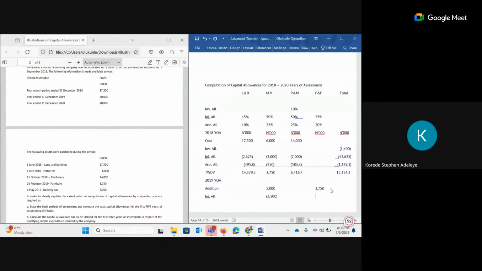Yes. Right. So what's 25% of 3,750? 937.5. So add that up. What do you have? 3,437.5. All right, that works.